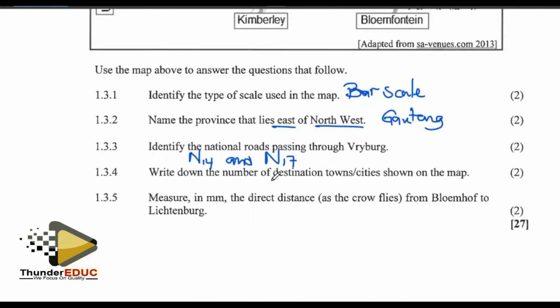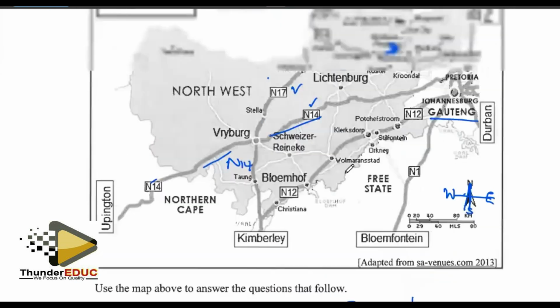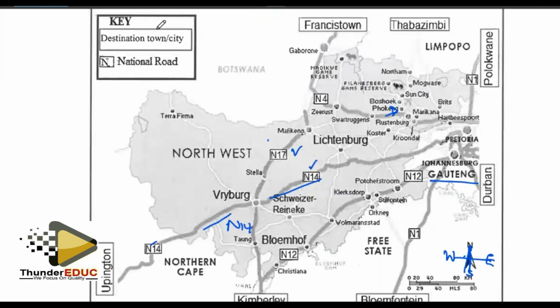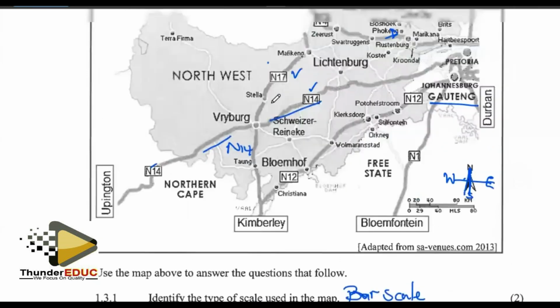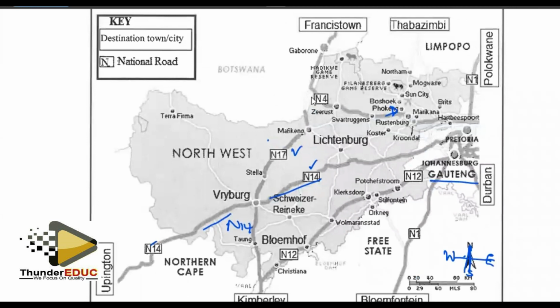All right, write down the number of destination towns / cities shown on the map. Now, if you don't know that, most questions have a key. So they're saying write down the number. They didn't say mention, but they said write down the number of towns / cities. Whatever word we find in a box like this, you just know it's a destination, town, or city. So here I have 1, the other one's called 2.